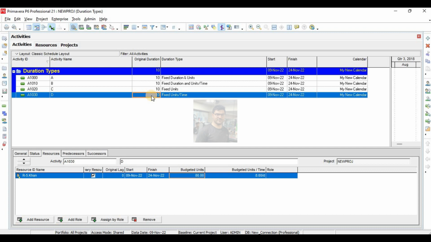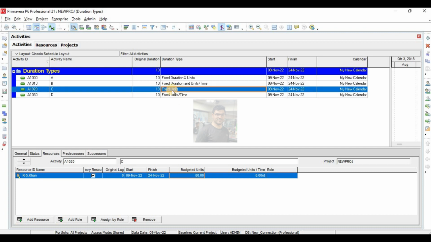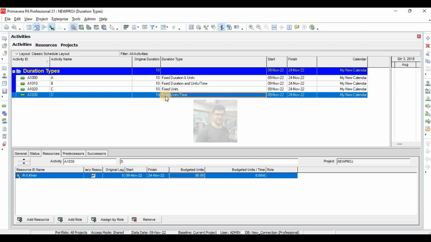And same here, the only difference is that here it is fixed units, and here it is fixed units per time. So if I change duration, units per time will remain the same, but units will change. Let's make it 20. So it will work the same 8 hours per day, and units are changing. Now let's make it 5.